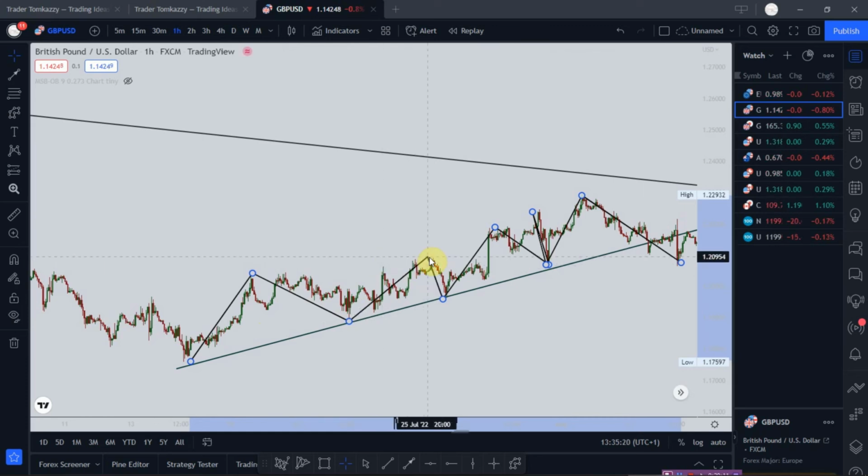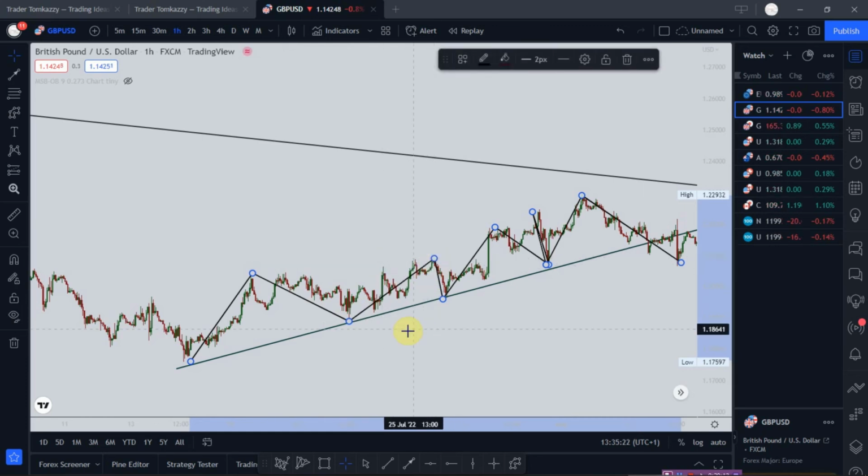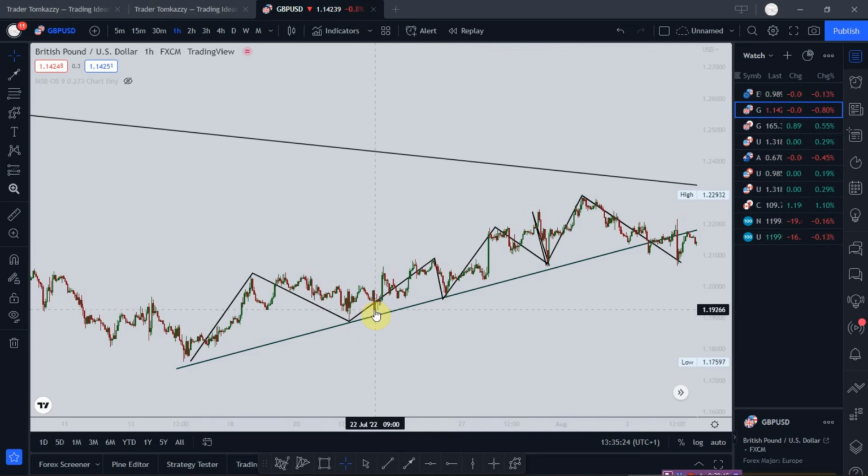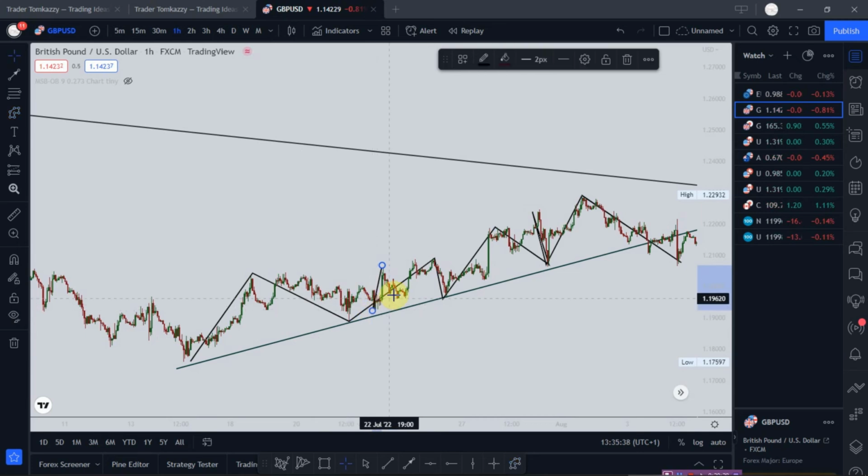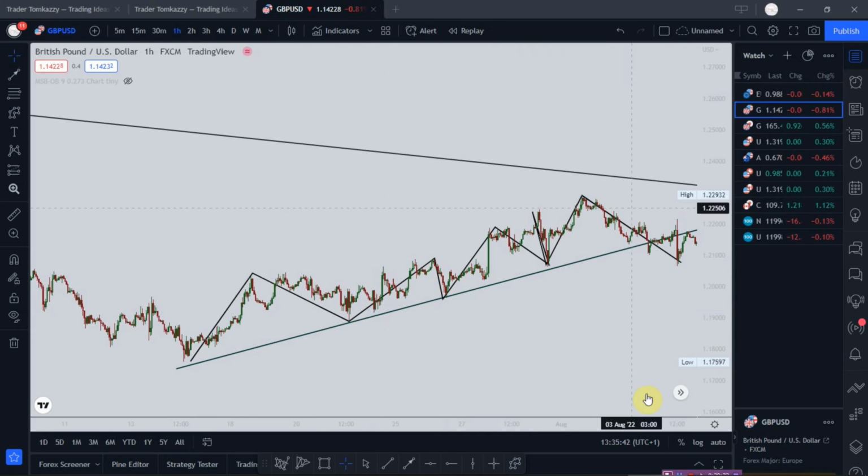Now we can have a lot here. So we had this one too as a higher low. This is very correct because this one is higher than the previous higher high. So we had this, its low is here. Okay, so this is a higher low.